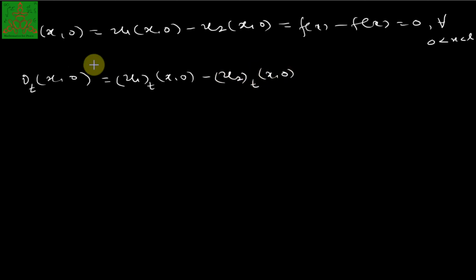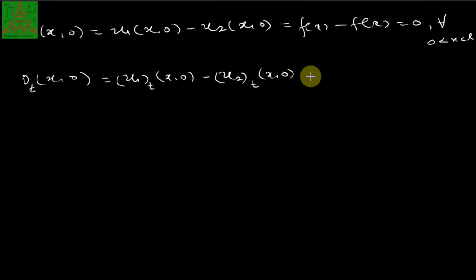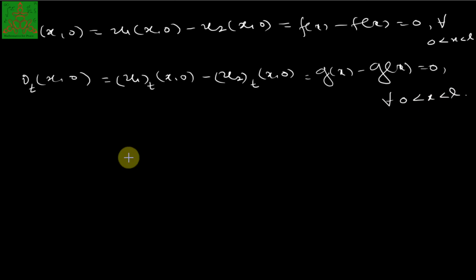That means the derivative of v is the derivative of u1 minus the derivative of u2, and u1 is a solution of this problem. So the derivative initially is g of x, and for u1 and u2 it is g of x minus g of x, which gives me 0 for every x between 0 and L.